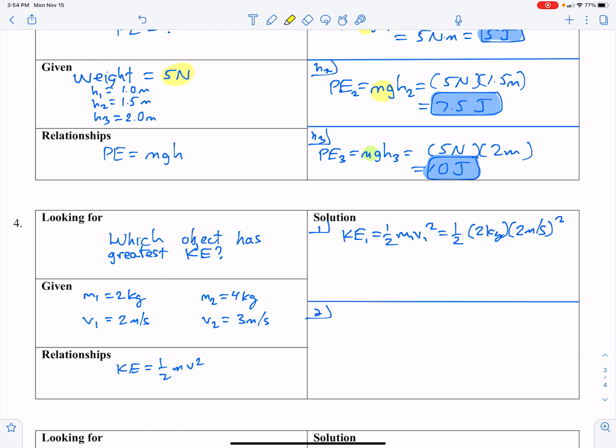So try to follow along with mental math if you can. If you want to use a calculator, by all means, go ahead. But you start with the speed. 2, then square it. Well, now 2 squared is 4. Then we multiply times the mass. So 4 times 2 would be 8. Then the last thing we do is cut it in half, and we're back to 4.